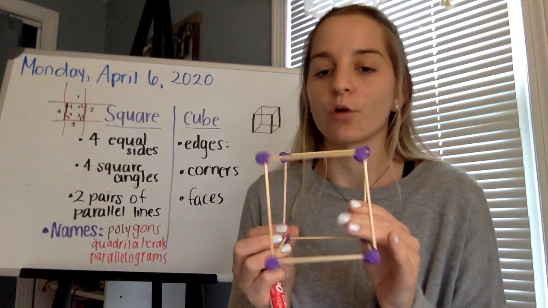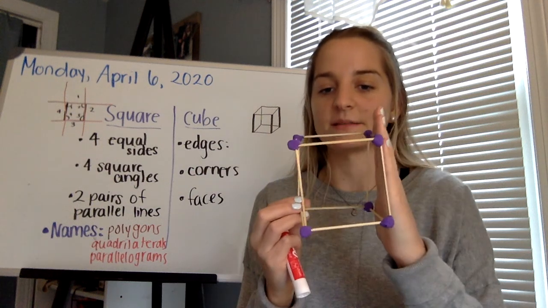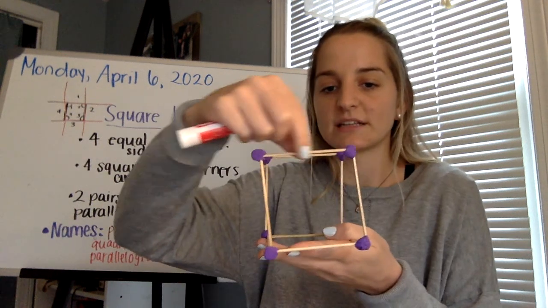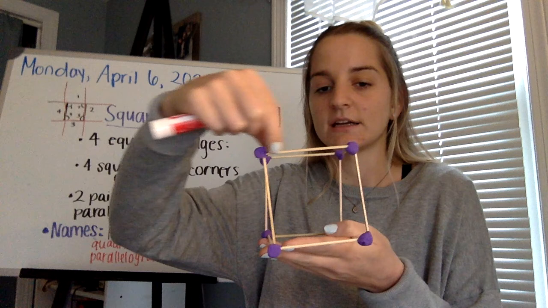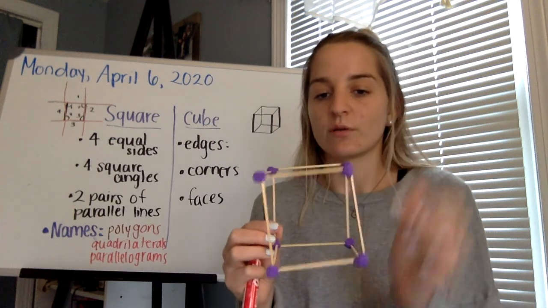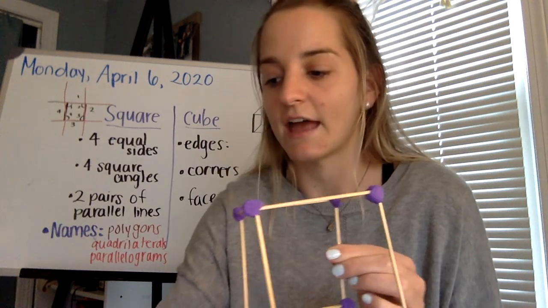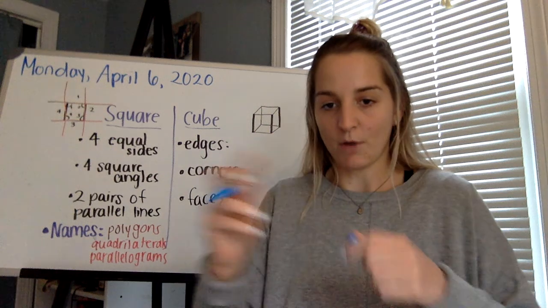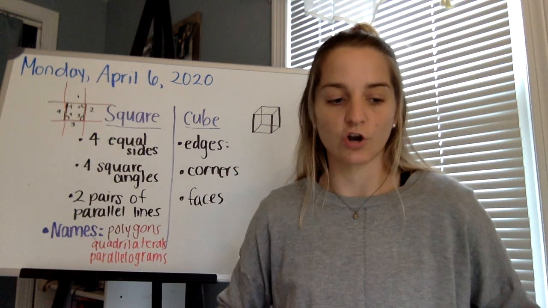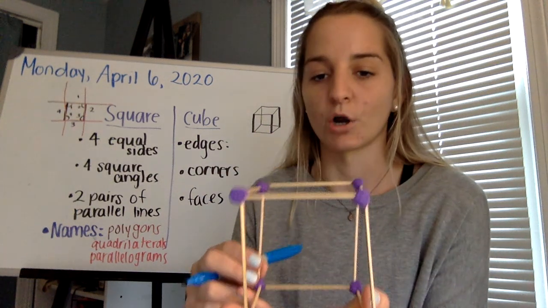So edges are where two of the sides meet together, and they're actually represented by this toothpick in this model. So if we were to count all of the edges, I'm going to mark them, sometimes it's hard if we don't mark them.